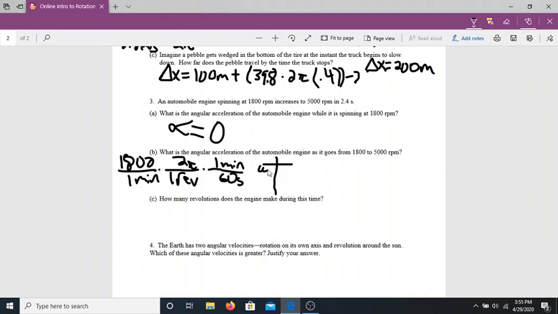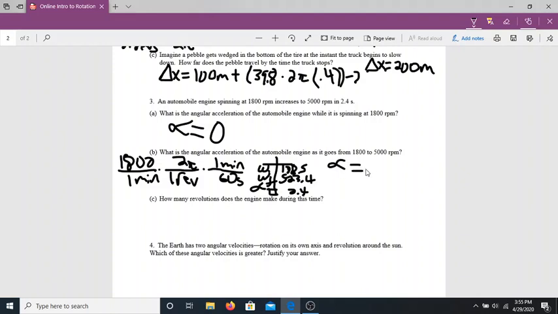The final velocity should be about 523.4. We know the time is 2.4 seconds. And right there, I know 3 things. I can use them to solve for the fourth, which in this case is alpha, the angular acceleration. So I would use the first equation from the top.